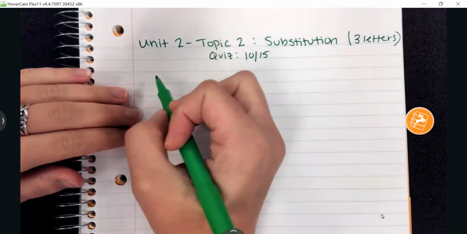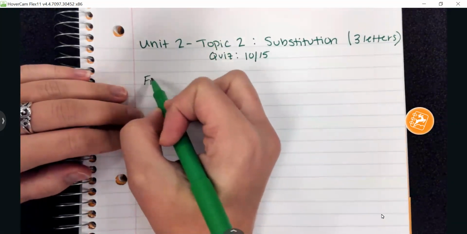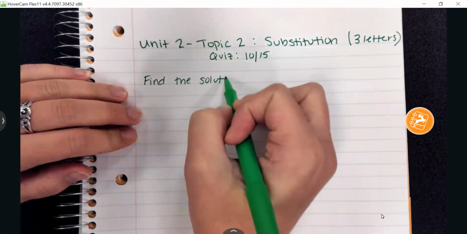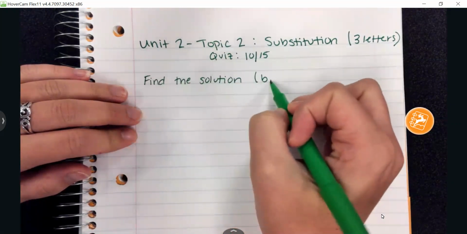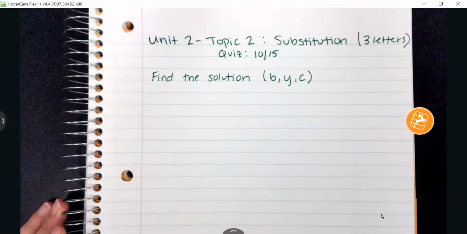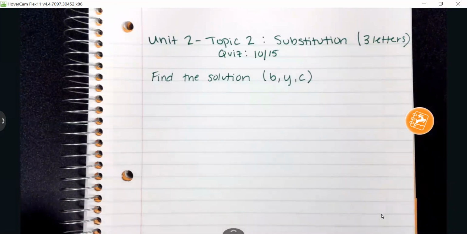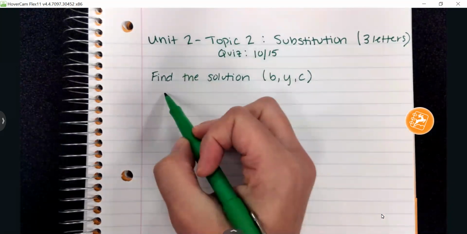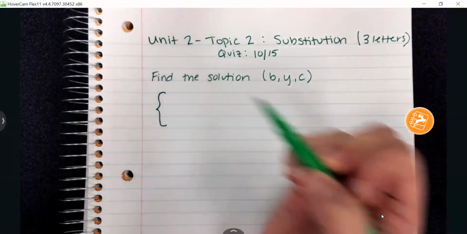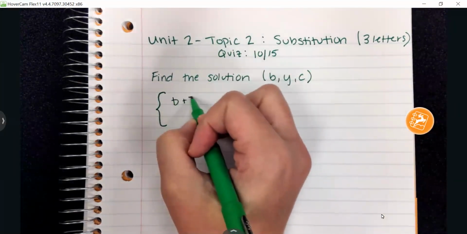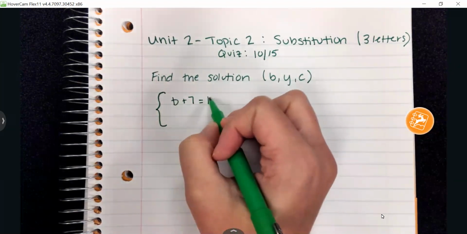So let's just start a problem. It's going to say find the solution B, Y, C. That's what I want to find, the solution B, Y, C. So since I have 3 letters, the problem should give me 3 equations. My first equation is going to say B plus 7 equals 13.